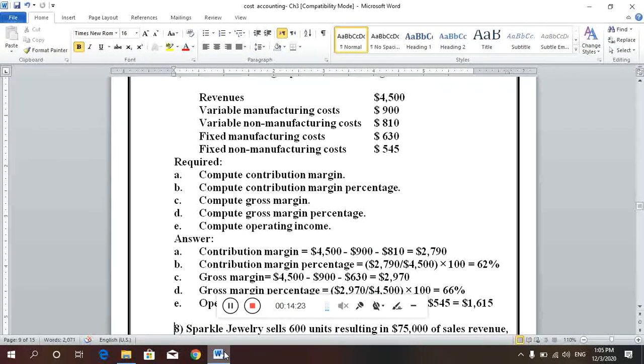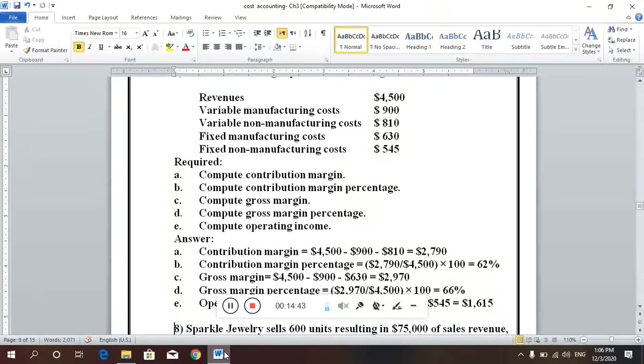Number C, the gross margin. Gross margin equals sales revenue minus manufacturing costs. Sales revenue minus manufacturing costs, here divided into variable manufacturing costs and fixed manufacturing costs only. We didn't use the non-manufacturing costs here.